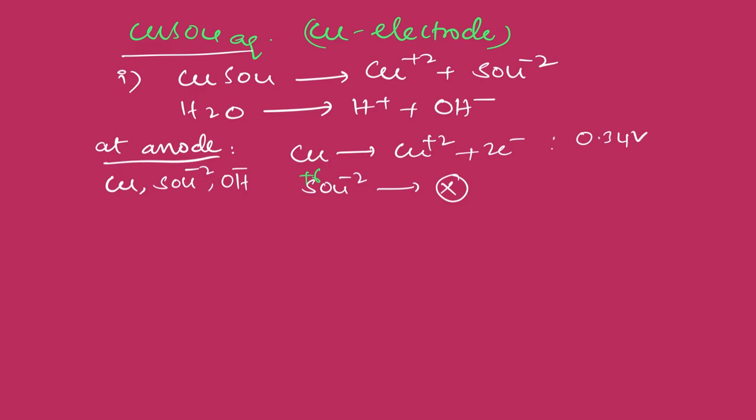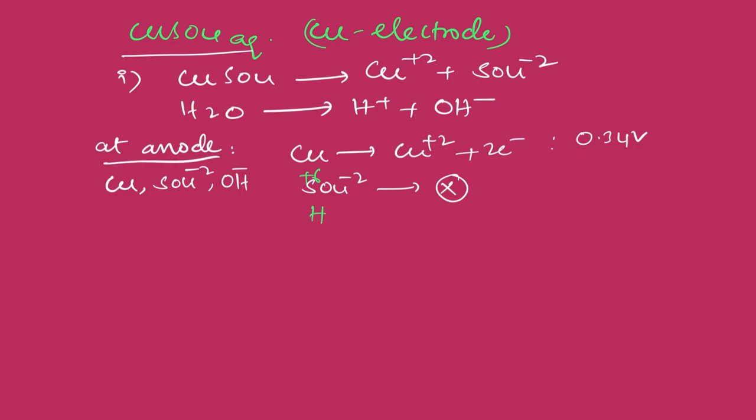Then you may ask the question, in concentrated H2SO4 we wrote, because in that case there is no other ion to undergo oxidation. That's why SO4 minus 2 converts into S2O8 minus 2. That is possible. But in general, when other ions are present, this is not the preferable reaction.